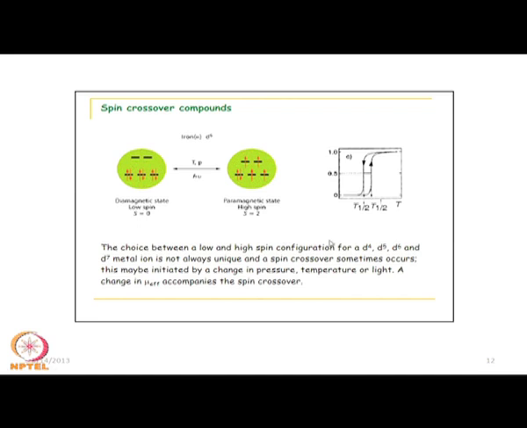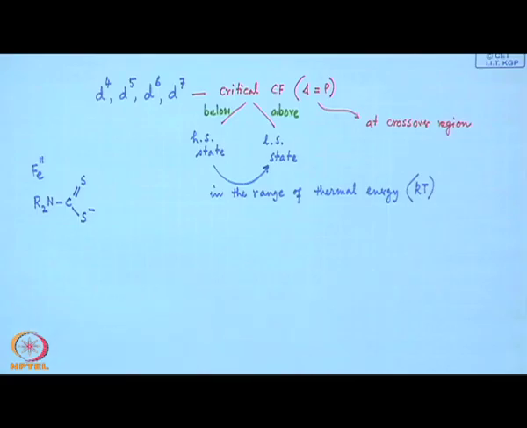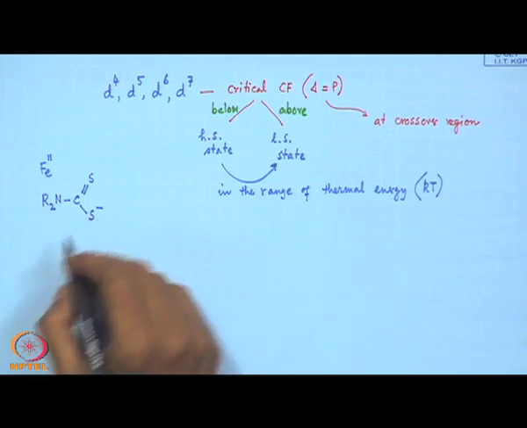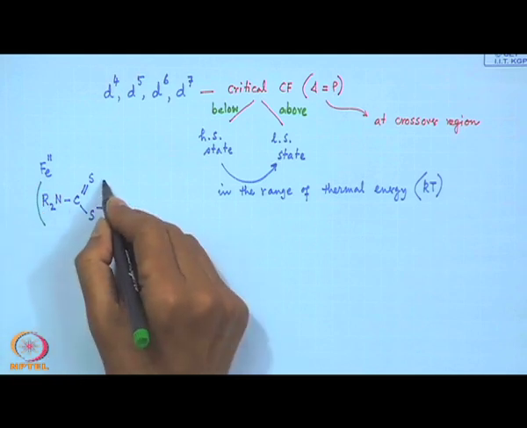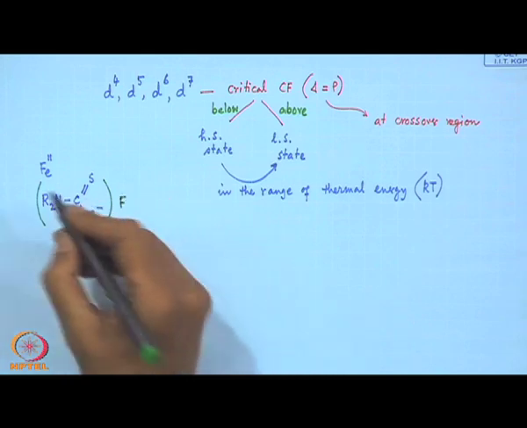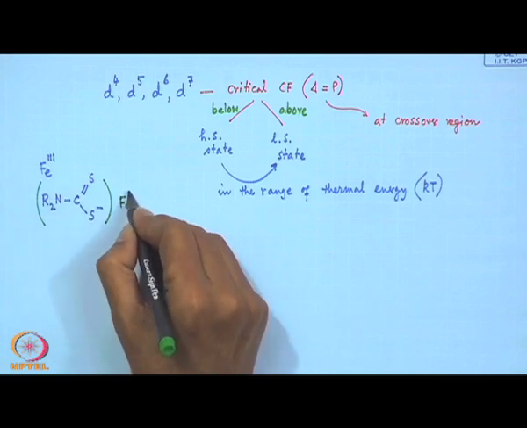So, if we have this particular situation for iron 2, an iron 2 compound, some well known example is the dithiocarbamate we discussed earlier, the N,N-dialkyldithiocarbamate, and in this particular case we get an iron 3 compound.